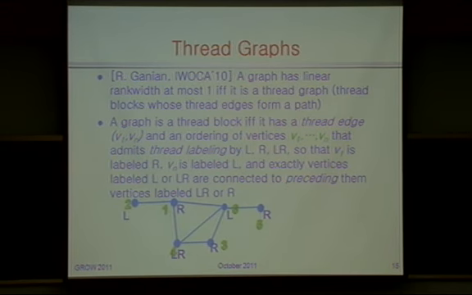We introduce those two labels, L and R, just to make things visual, and we label the vertices of the graph by L, R, or L and R, so that V1 is labeled R, and Vn, in this case 6, is labeled L. L and R indicate left and right, as you may have guessed, so that the vertices labeled L are connected to the preceding vertices labeled R, or having R in the label.